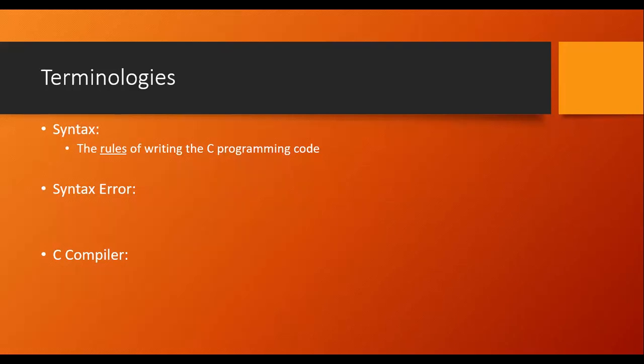In the same way, in programming, each and every programming language has its own rules or guidelines. If the programmer wishes to write a program in that particular programming language, they have to adhere to the syntax, that is the rules of that particular programming language.